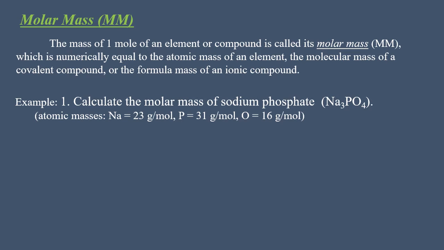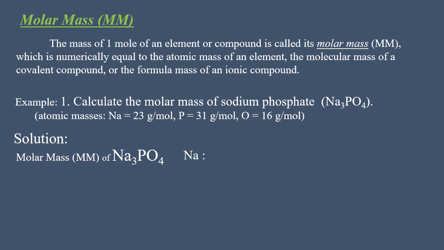And for oxygen, it is equal to 16 gram per mole. So let's try to calculate the molar mass of sodium phosphate. First, look for the number of atoms of each particular element in that compound. In this compound, we have three components: sodium, phosphorus, and oxygen.